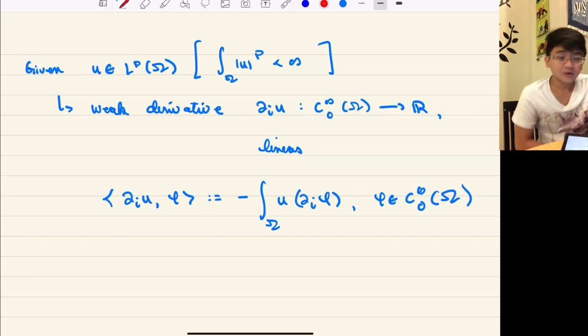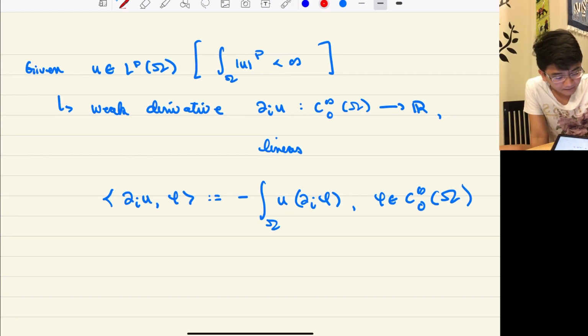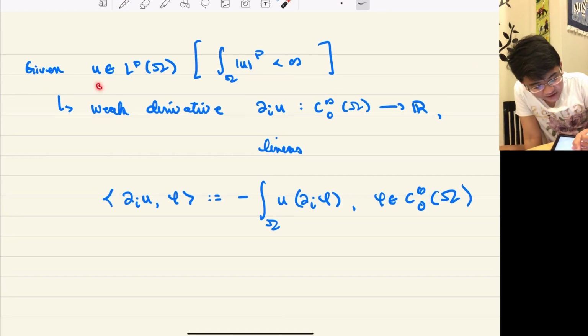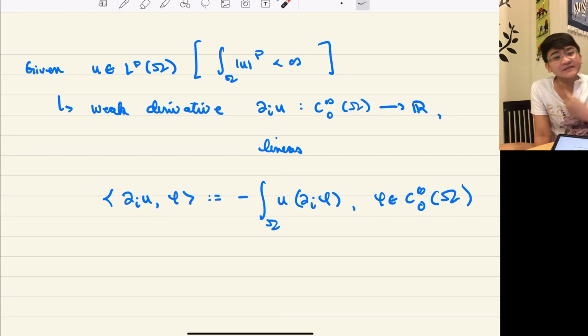Okay, so what does this mean? We start with an L^p function, and we're saying that its weak derivative is not some kind of slope anymore. It's a linear function, a function that takes in another function, something in C infinity 0, and gives out a real number.